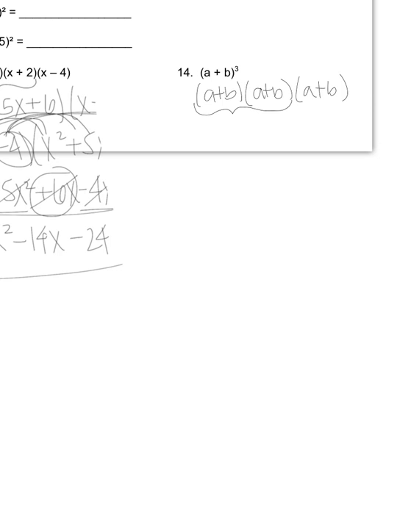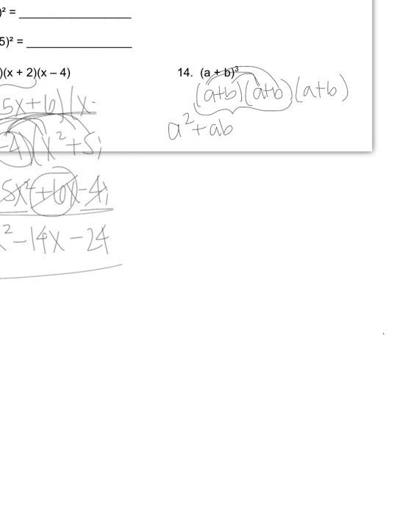Since I'm dealing with 2 different variables here, I'm going to go ahead and use FOIL. But you could use the single variable method that we talked about. So I'm going to do a times a, which is a squared. And then I'm going to do a times b. When you're multiplying a variable by a different variable, you're always going to put the one that comes first in the alphabet. So that would be plus ab.